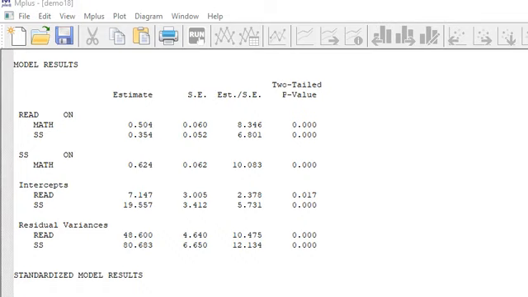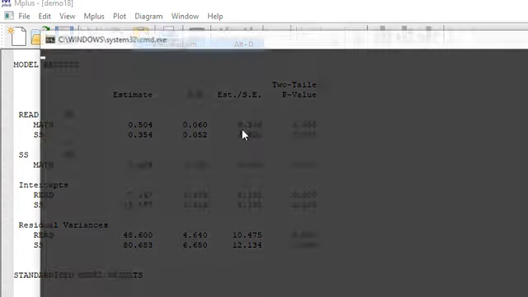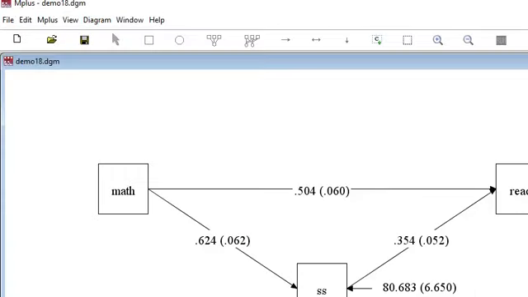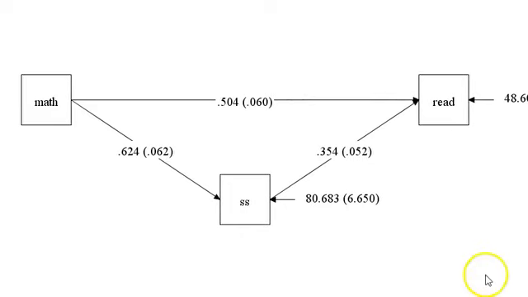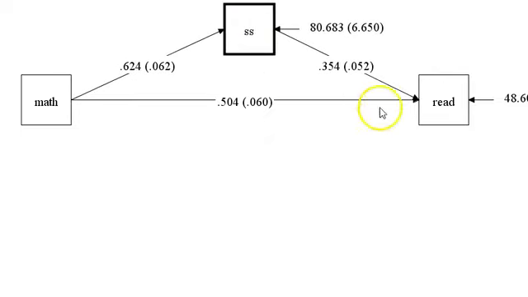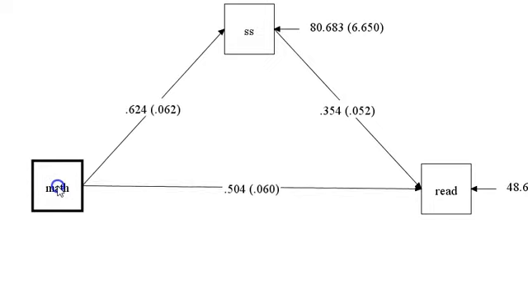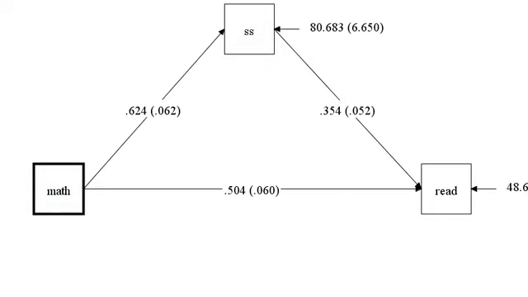All right, so now one of the things I haven't shown you is the diagram option. So let me show you that for this particular model. And you can see that this is in the shape of a mediation model. And just so you know, if you needed to use this for a graph or figure for a publication, you can move those around.